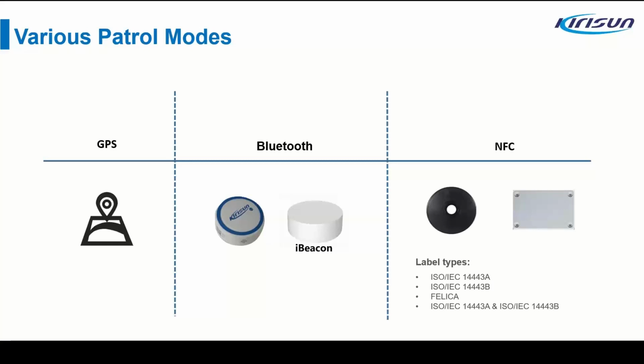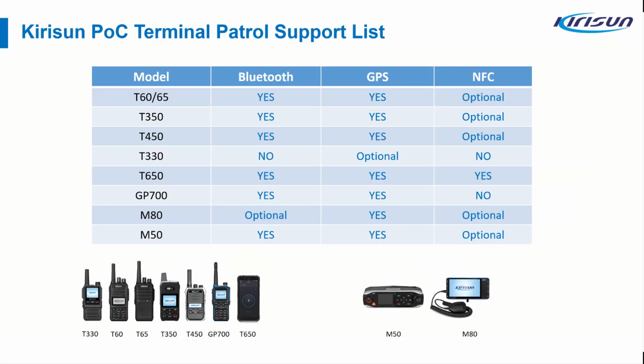And the Kirisun patrol tags are still available. This table lists all of our PoC terminals that can support patrolling, such as whether they support GPS, Bluetooth, and NFC. We will send you the PPT after the webinar, so you can recheck them.